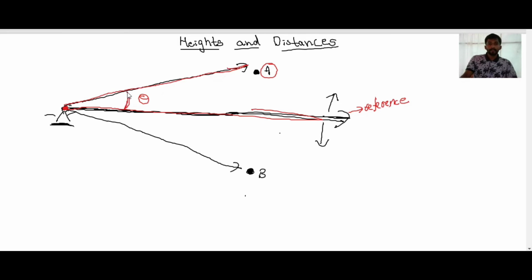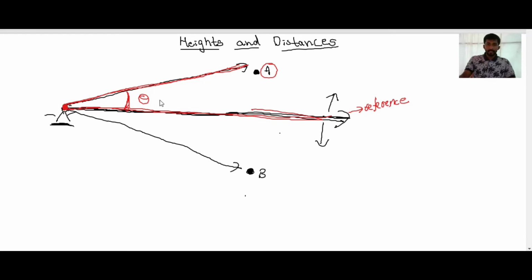Angle theta is formed by a horizontal line drawn from the person's eye, and a line drawn from the person's eye to the object. Which object is he looking at? I'm drawing a line from the eye to the object.